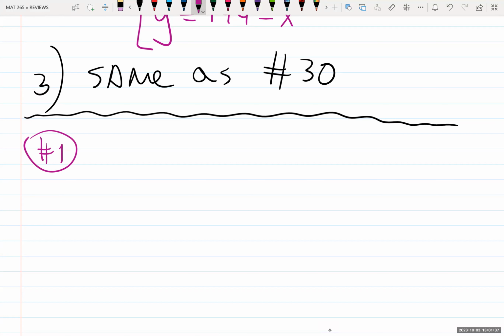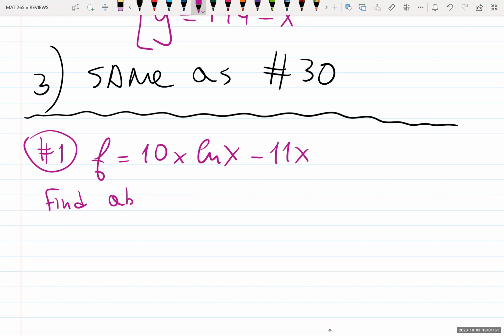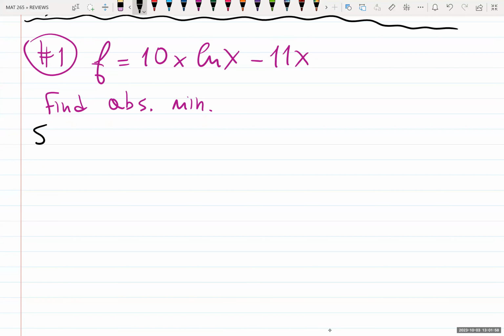I also have videos on this, that's why I didn't worry too much about it. f equals 10x ln x minus 11x. And they ask you to find the absolute minimum. So you know how to start. You all know how to start.